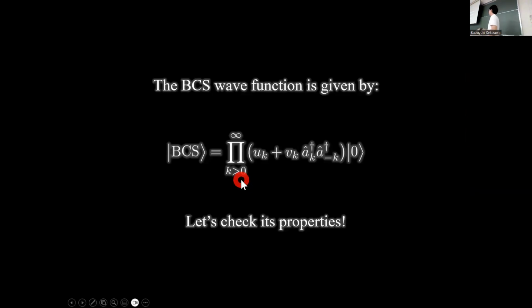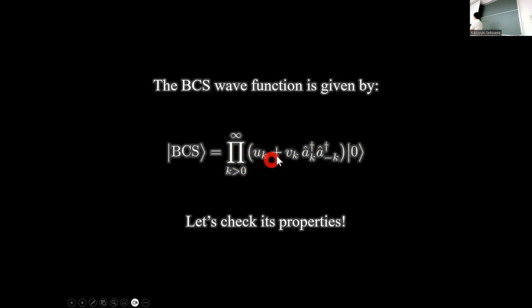Okay, so in this lecture, I hope you understand what the properties of the BCS wave function are. This is the so-called BCS wave function described in second quantized form.